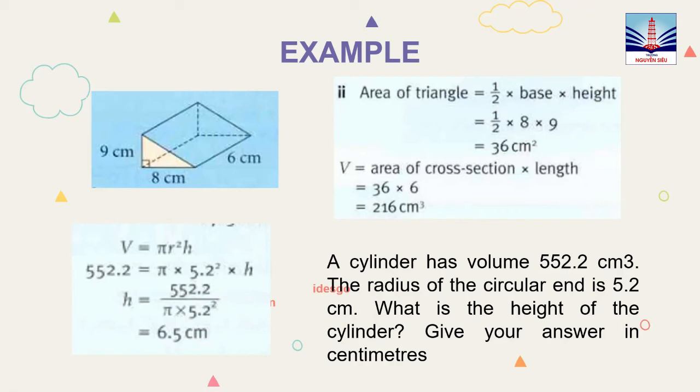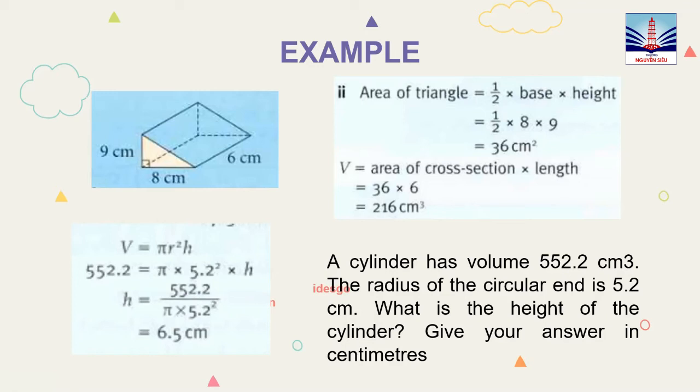Half times base times height equals half times 8 times 9 equals 36 centimeters squared. Area of cross-section times length equals 36 times 6 equals 216. I mean the next example, the one below.